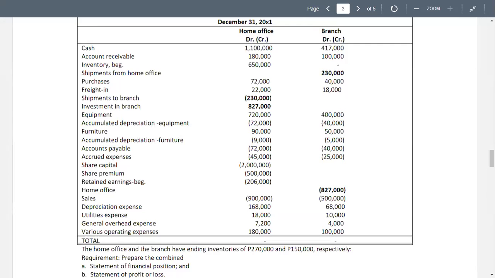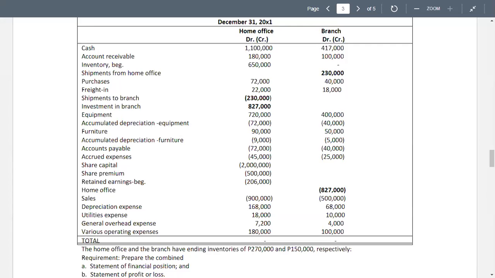Add purchases, 112,000, and add freight in of 40,000. So 650,000, 112,000, and 40,000.